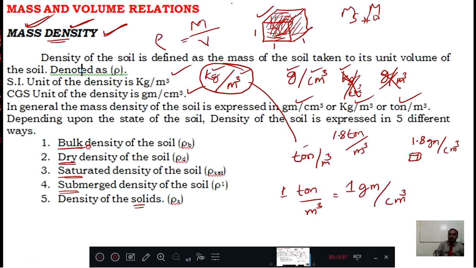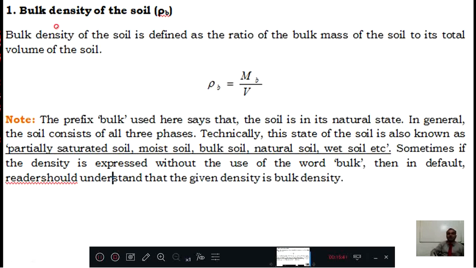Say, for example, when I say bulk density, the bulk density of the soil is denoted by rho B. Bulk, I already said, is a synonym for wet soil, not saturated soil. Wet means just some amount of moisture is there, and bulk it is.